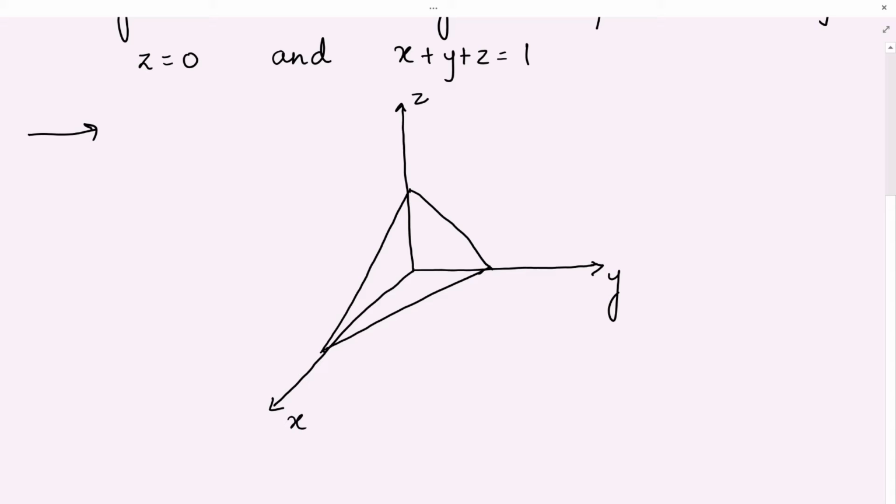So this is a tetrahedron. Let me name this tetrahedron as PQR. So the tetrahedron will have points 1, 0, 0; we have seen this in the basics; 0, 0, 1 and 0, 1, 0.